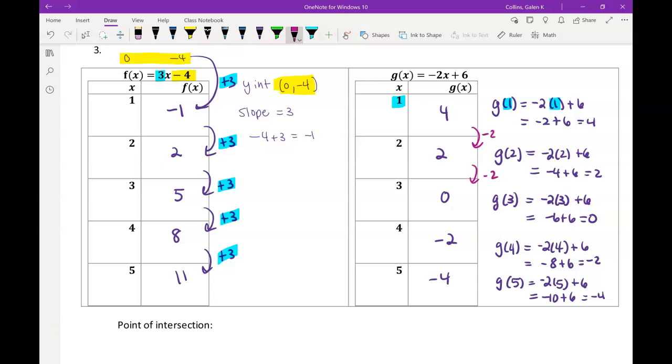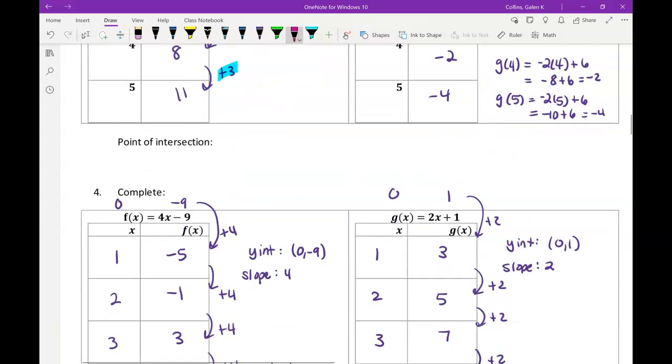And I know my y-intercept should be at (0, 6). So 6 makes sense when x is 0, because when I decrease the value of 6 by 2, I get my next point, which is at (1, 4). So either method is valid here. Well, either method's always valid when we're using a linear equation.